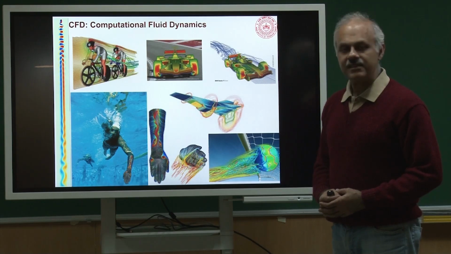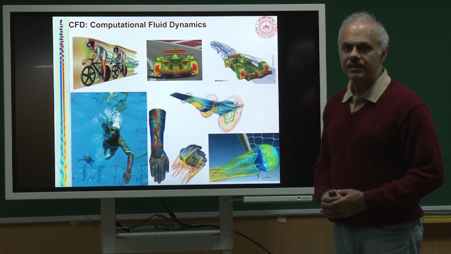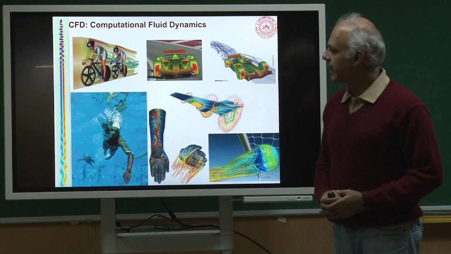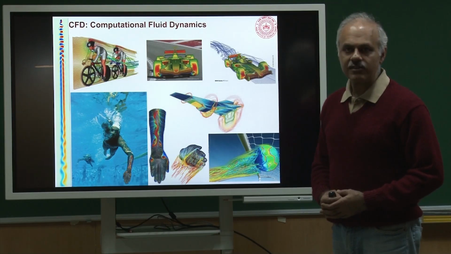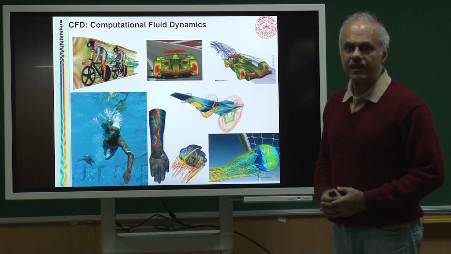More explicitly, which of the two cyclists, the upstream one or the downstream one, is spending more energy for the same speed? The downstream cyclist is in the wake of the upstream cyclist. CFD can help you answer that.